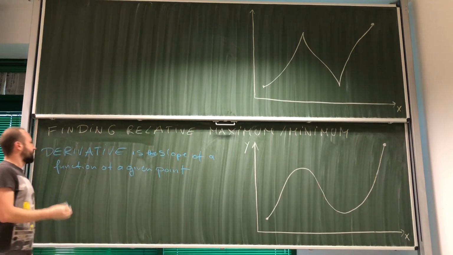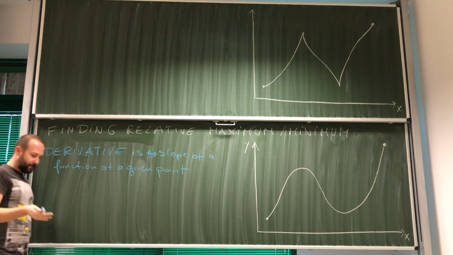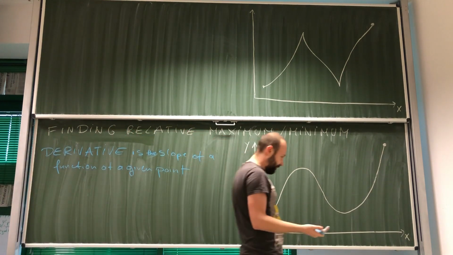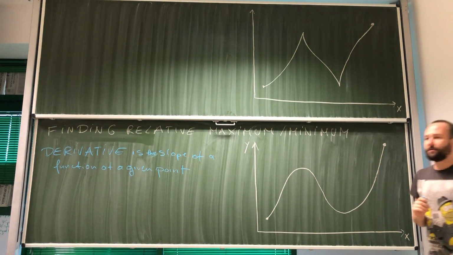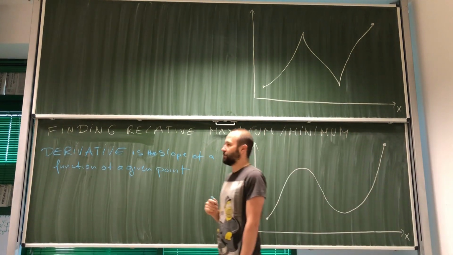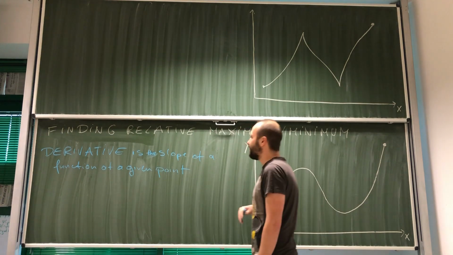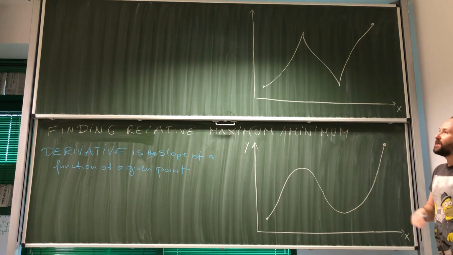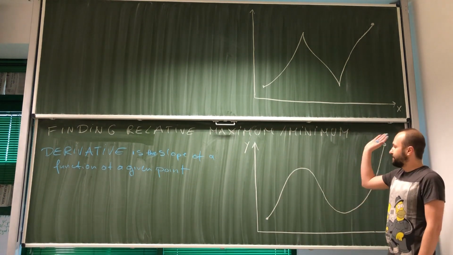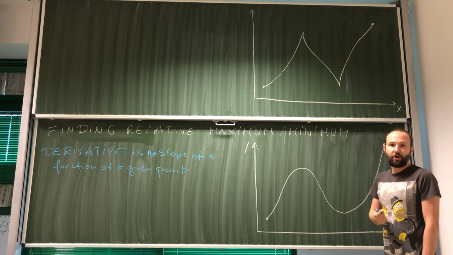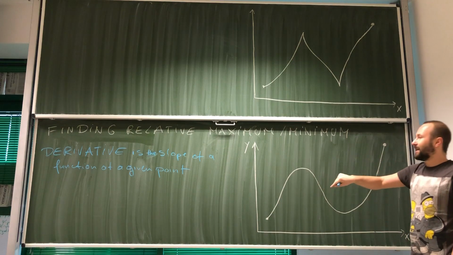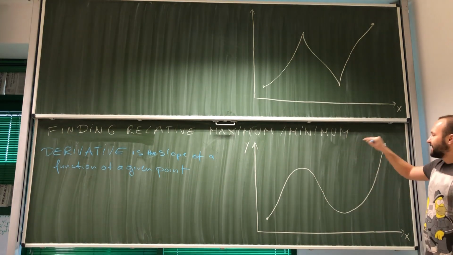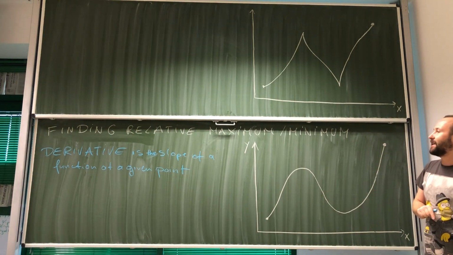And we were discussing this in great detail in our video on the graphical interpretation of the derivative. We said there that the derivative can be interpreted as the slope of a function, as the slope of a line tangent to a function at a given point.